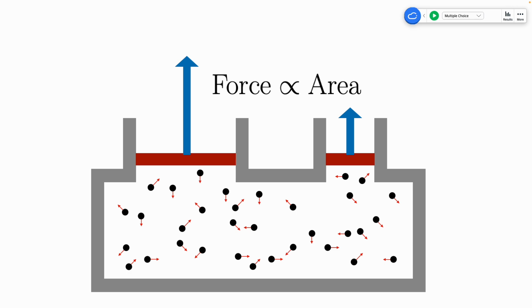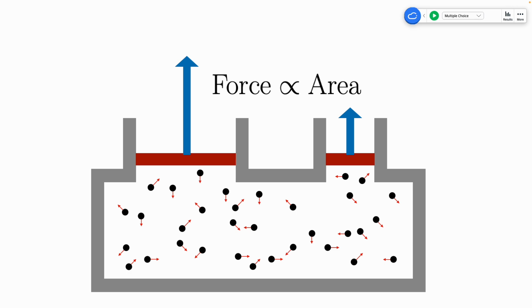Now, the force on these two pistons will be different because there's more air bouncing on this piston, because the area of the piston is bigger. So if you want to describe the property of just the air itself, we want something that only depends on the air, not the size of the piston. If you want to measure the property of this air, you might say, okay, let me put a piston here and see how hard the air is pushing me back. But then that force depends on how big a piston you choose.